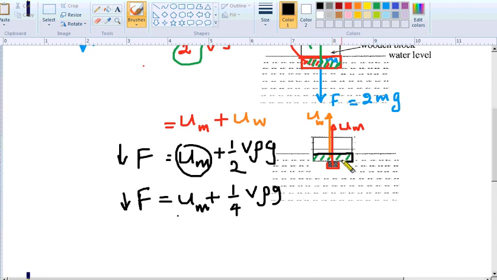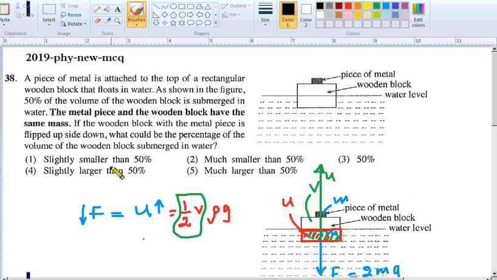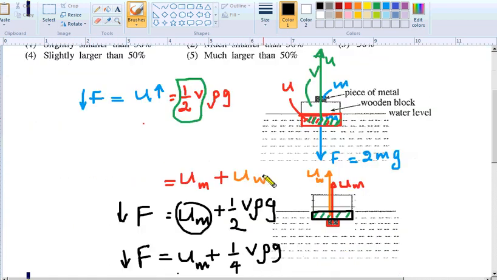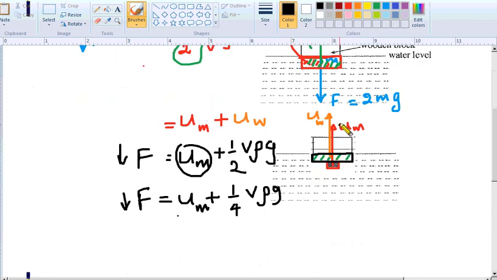Now we can choose the answer. It is slightly smaller than 50%, because this extra upthrust is not a big one, because the volume of this metal is not so big. You can see from the figure, compared to the volume of this wooden block, this one is a little amount.